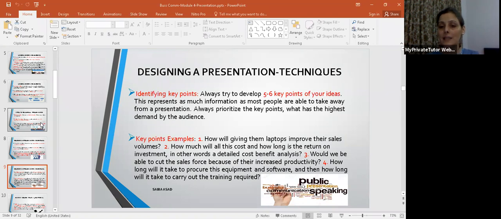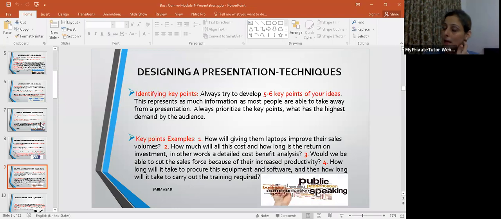Always prioritize the key points. What has the highest demand by the audience? Knowing your audience and the demand of the audience, you will be able to put your main objective at the top. If you're going to sell your product in the market, definitely your point must be in your mind, what the customer needs.